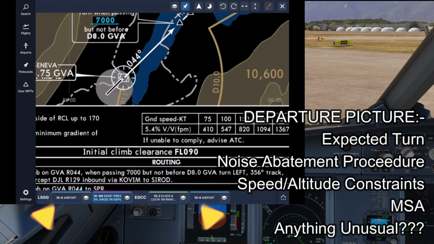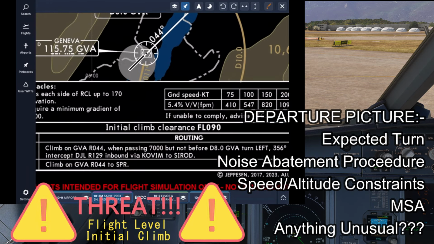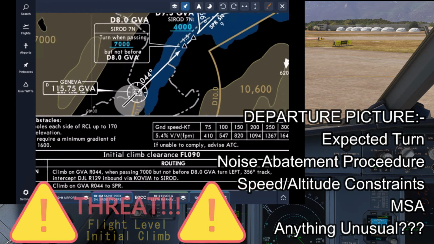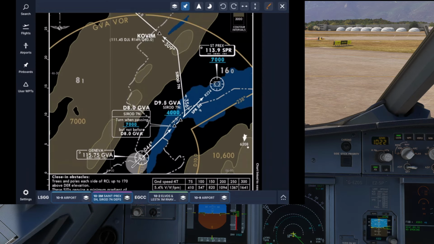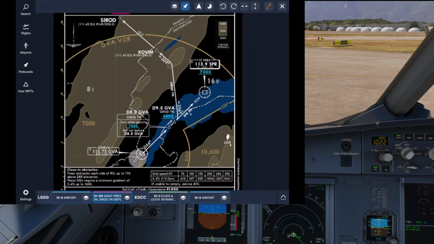The initial flight clearance then is flight level 90. There's no speed restrictions, and we can just leave the aircraft in managed mode, and we'll just clean up as we go. And yeah, from that point of flying the departure, it's pretty straightforward.